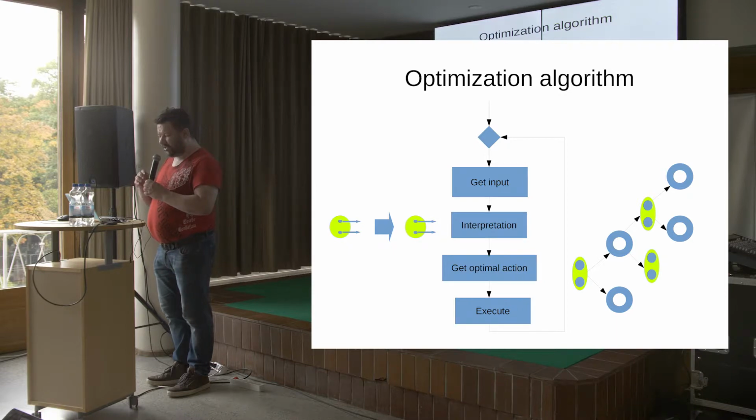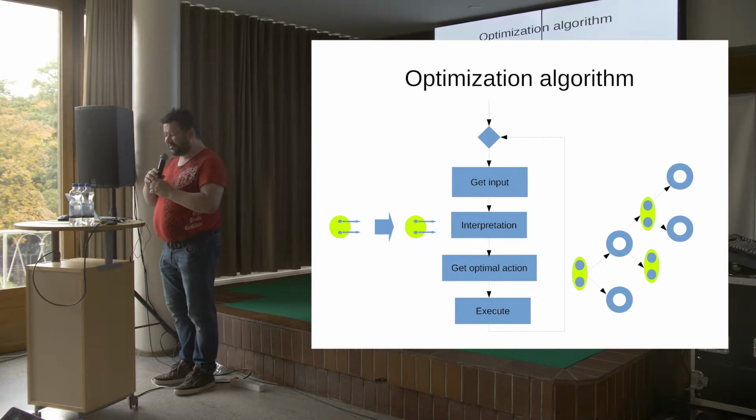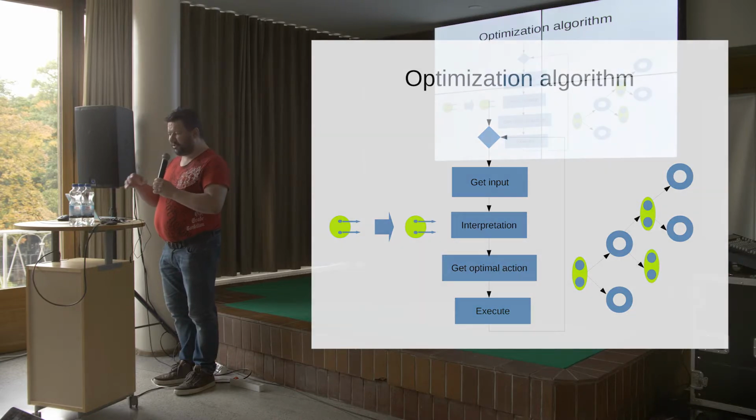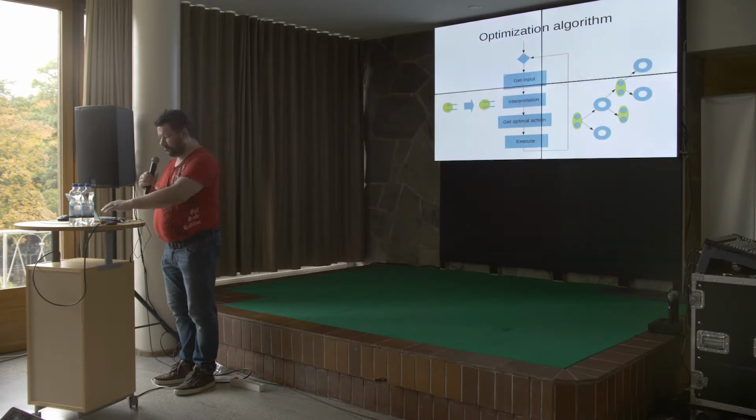Then we get optimal action, and this is where we produce the game tree as deeply as we want. So it should be 1, 2, 3, some constant passed to the Perkun interpreter, and then we execute the action. This is the algorithm from the top level.